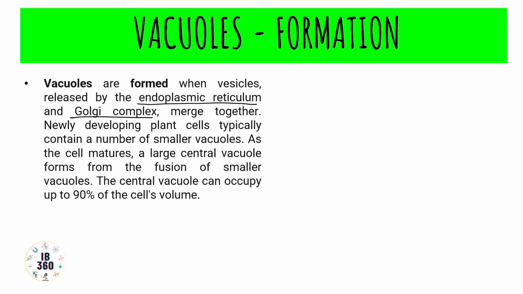Sap vacuoles usually occur in animal cells and young plant cells, and in mature plant cells the small vacuoles fuse to form a single large central vacuole which occupies 90% of the cell's volume.